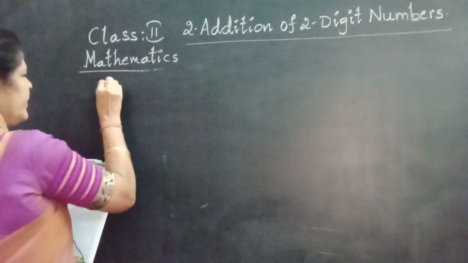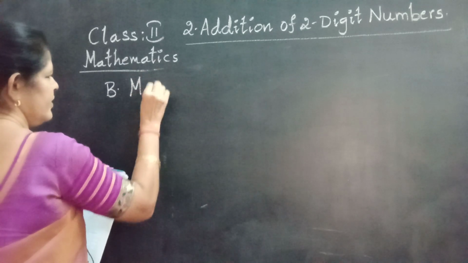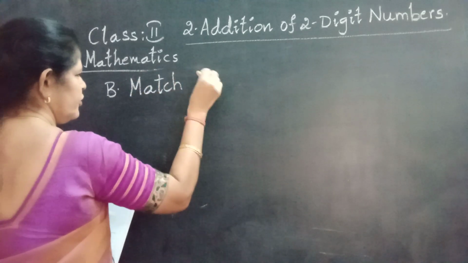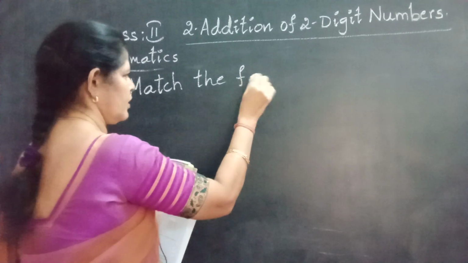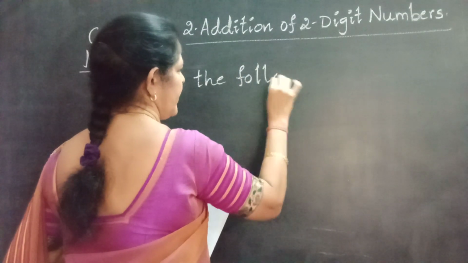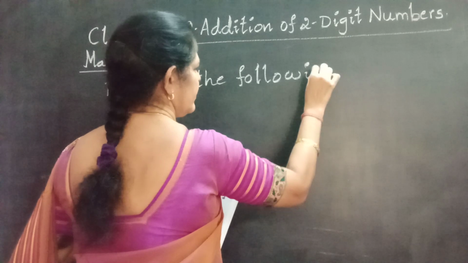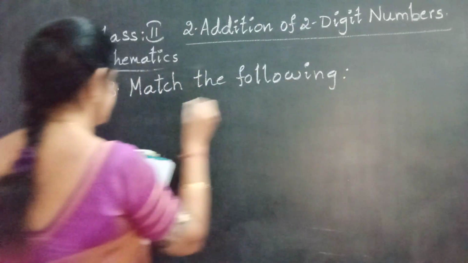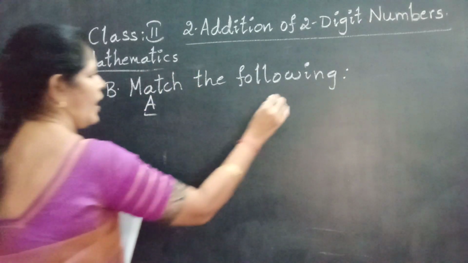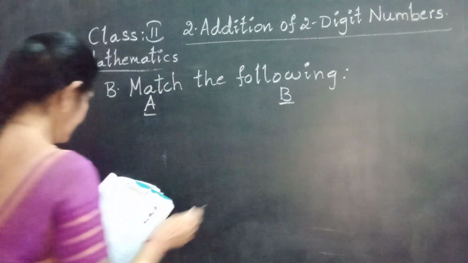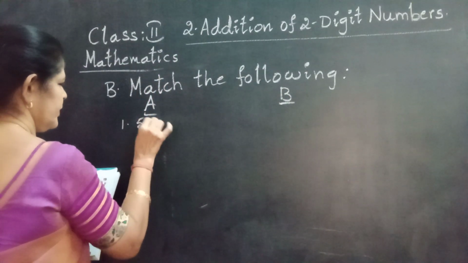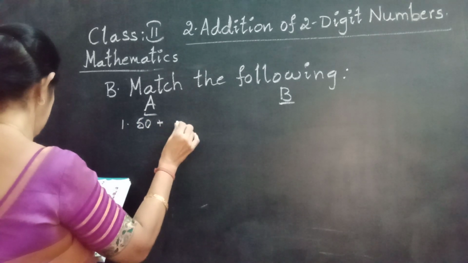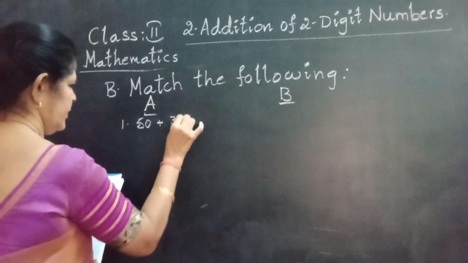Match the following. We are going to do matching. Column A, column B. Group A, group B. What are the questions given? Yes, 50 plus 30.